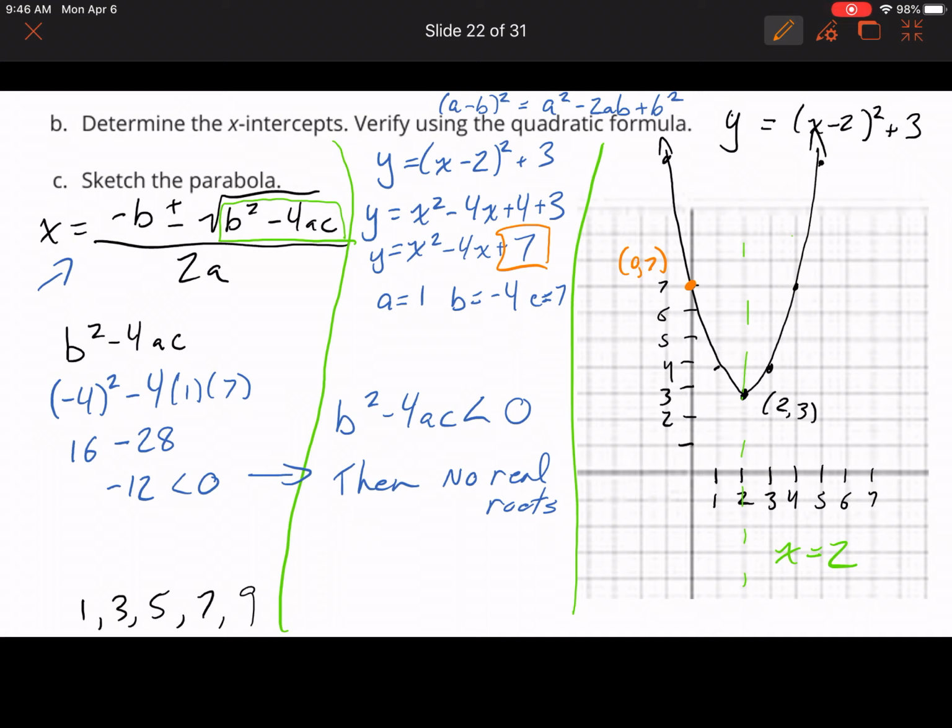And then by using my line of symmetry, knowing that I've got 2 over in this direction, I need to move 2 over in that direction, and I've got a point of 4, 7 also on this graph. So the 1, 3, 5, 7, 9 times our a is an easier, faster, more accurate way, but also knowing what our y-intercept is and then finding its mirror is also a way to put points on the graph, or at least to verify what you've done is correct.